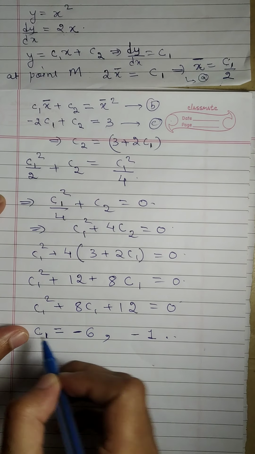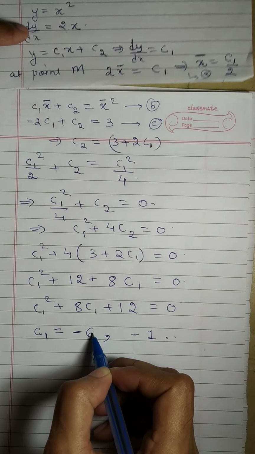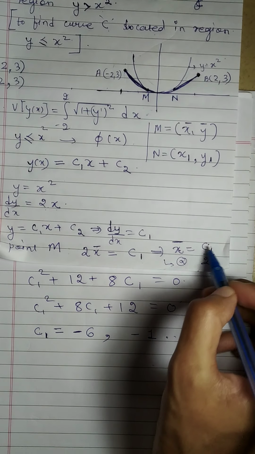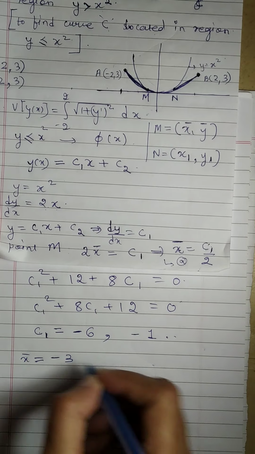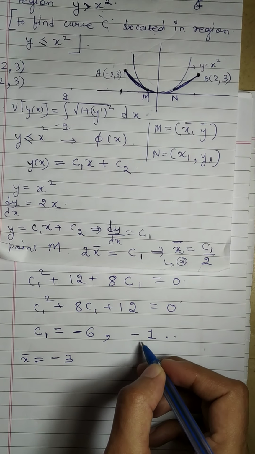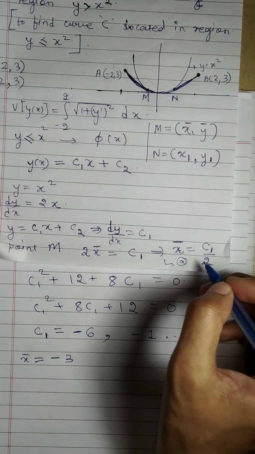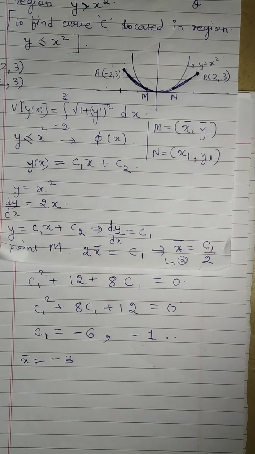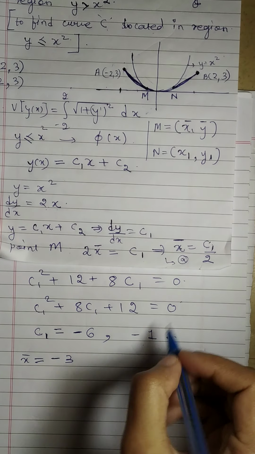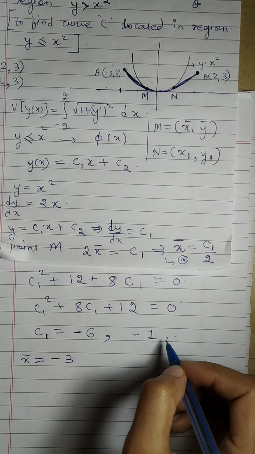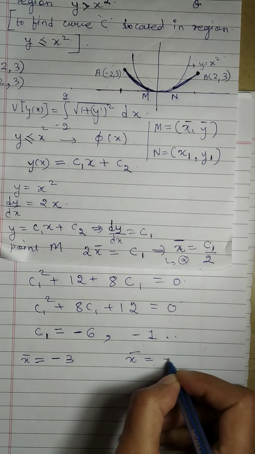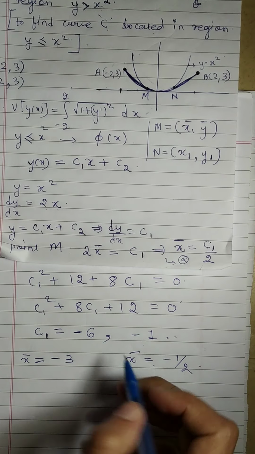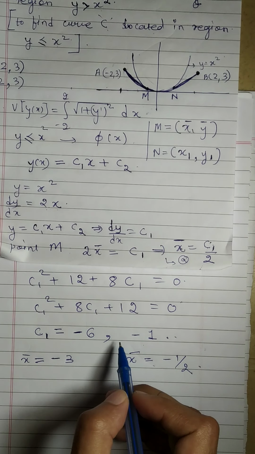Okay, so if C1 is minus 6, then x bar is equal to minus 3. And if C1 is minus 1, then x bar is minus half.